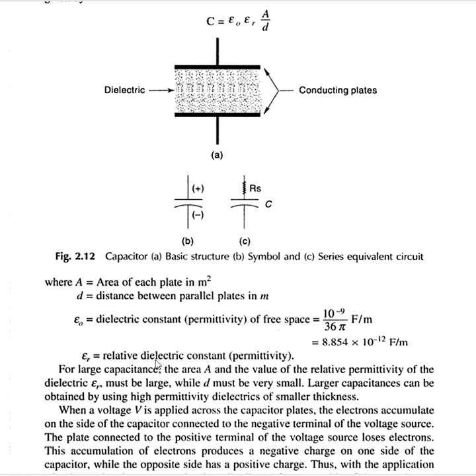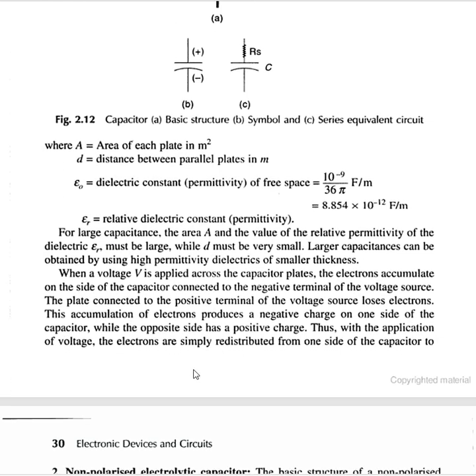Epsilon R is the relative permittivity. For large capacitance, the area A and the relative permittivity of the dielectric must be large, while the distance must be very small. Large capacitance can be obtained using high permittivity dielectrics of small thickness.